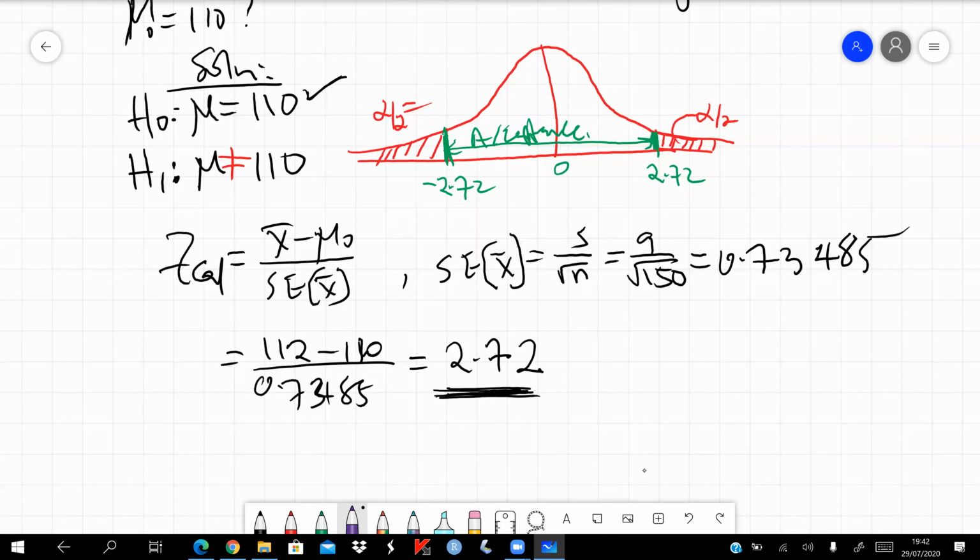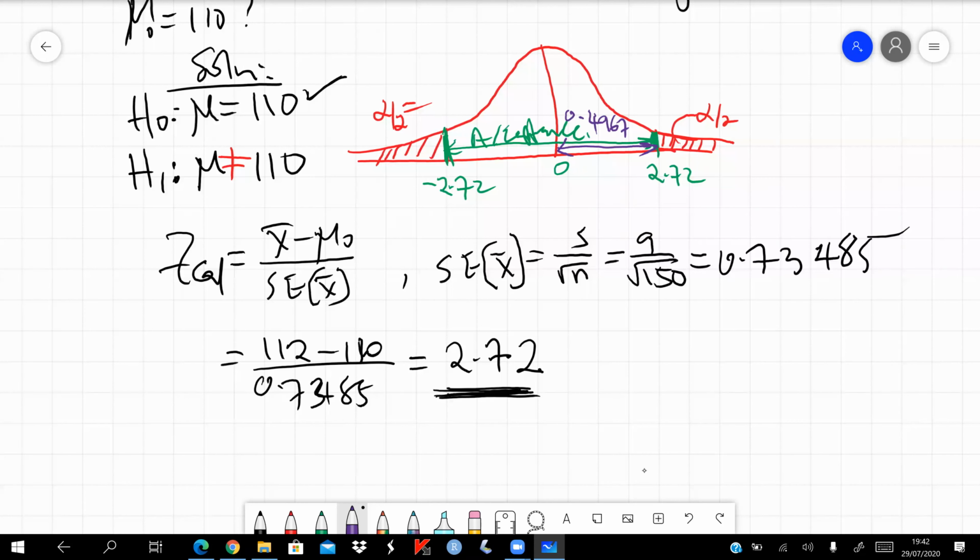From the mean, or from the center, to 2.72. So that is the area from here up to that point.